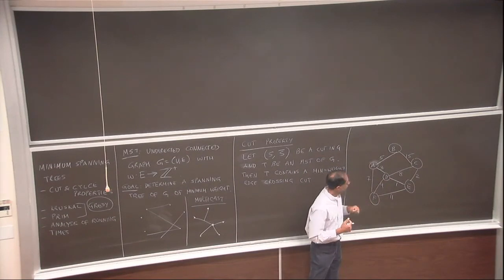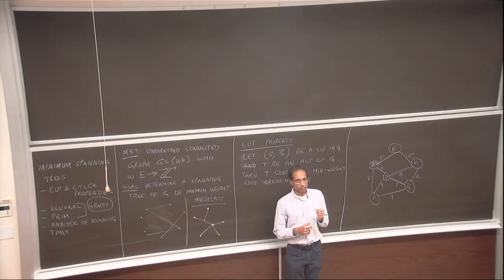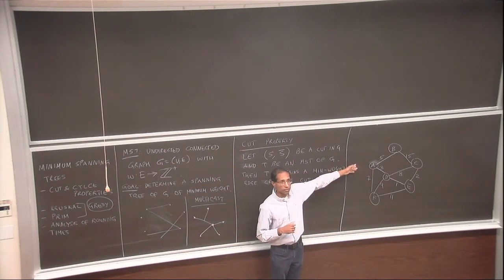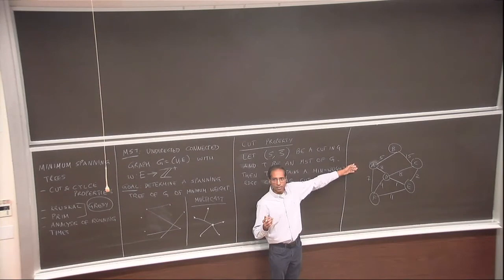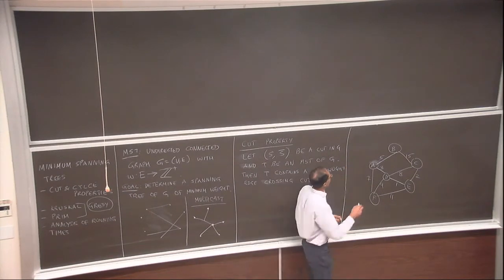A, B, D. How many different cuts are there in this example? Can we count how many cuts there are? Anybody want to guess? 8 cuts. Okay, how's that? Okay, I have a question. Is this a cut?